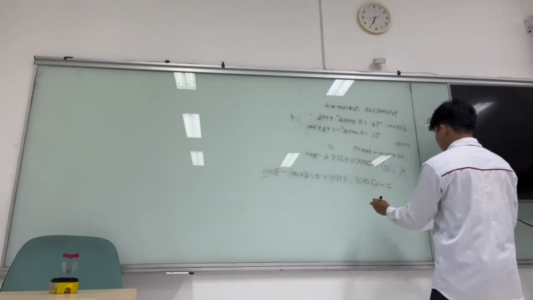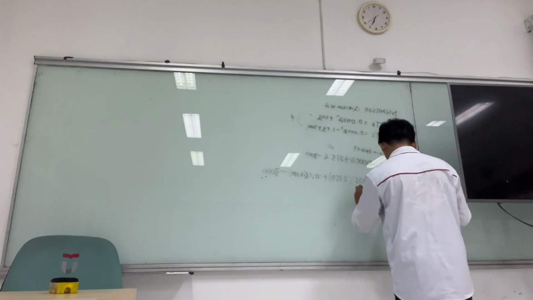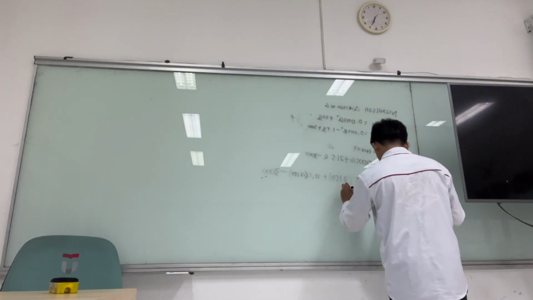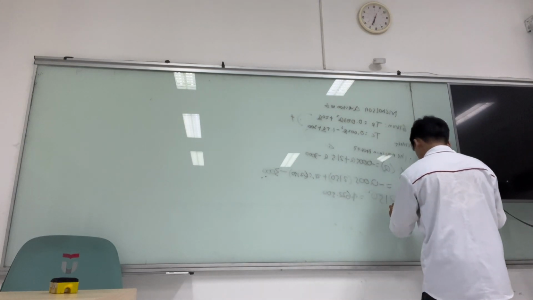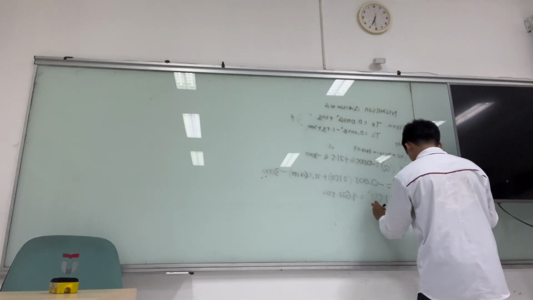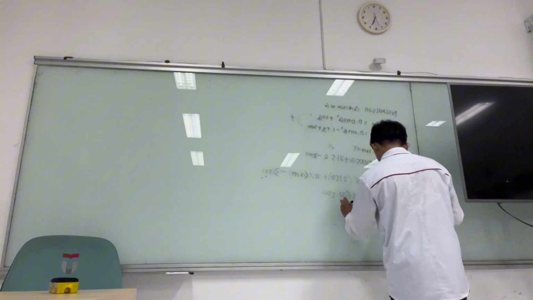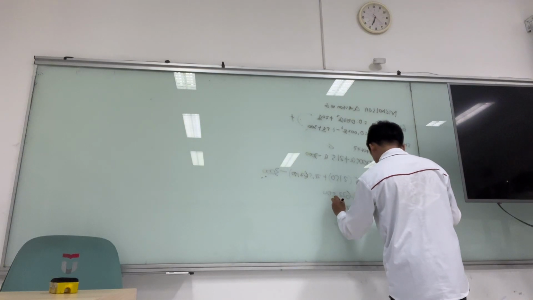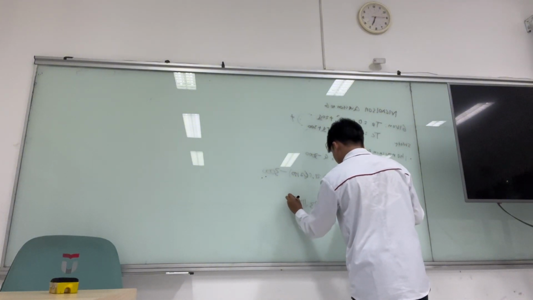Okay, so we calculate this. 2,150 squared is 4,622,500, and then minus 0.005 times that, equals minus 23,112.5.